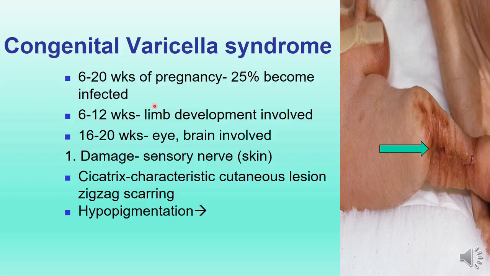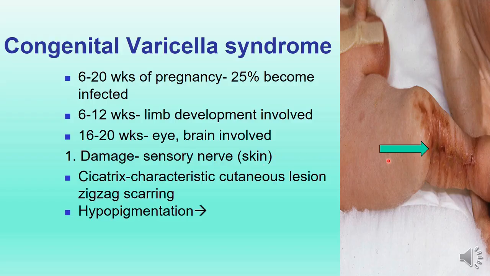So at 6 to 12 weeks of gestation, if the mother had chickenpox, then there is a high chance that the baby will be born with limb developmental anomalies. And if the mother acquires chickenpox infection at 12 to 20 weeks of gestation, then the baby may be born with eye and brain anomalies. So let's see what are the different features that are seen in congenital varicella syndrome.